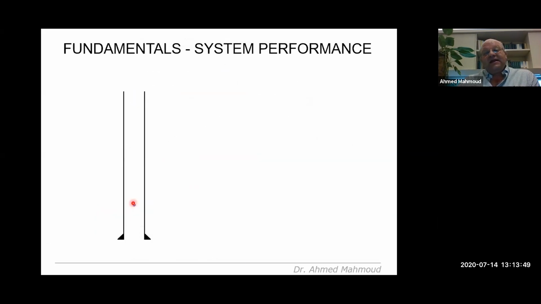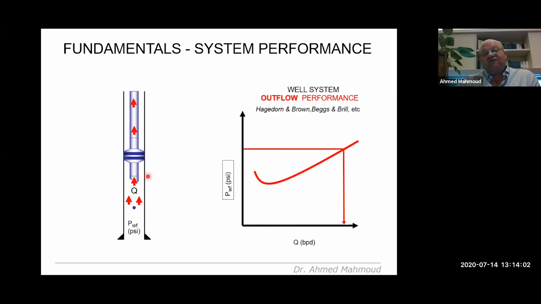Now, if we consider that this is the well and we are going to start with this node right over here, which I have the pointer on, and then we install the tubing, and then after that, flow comes in, anything coming from the wellbore up north is everything that affects outflow.